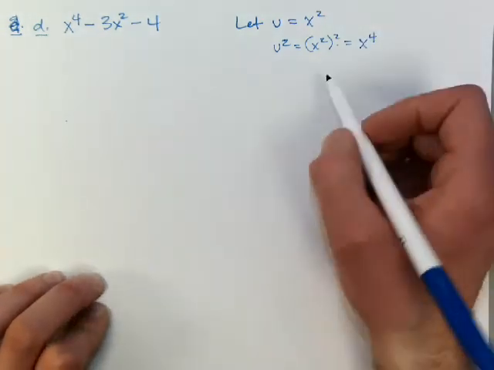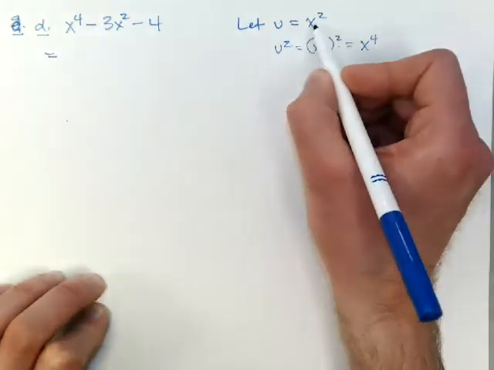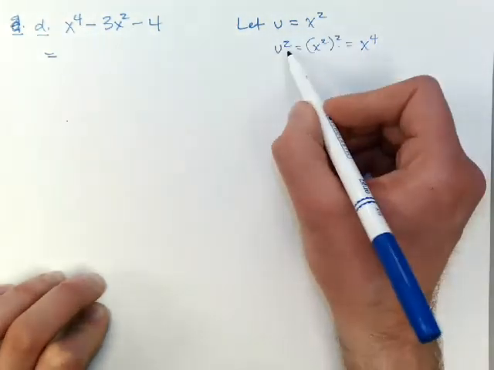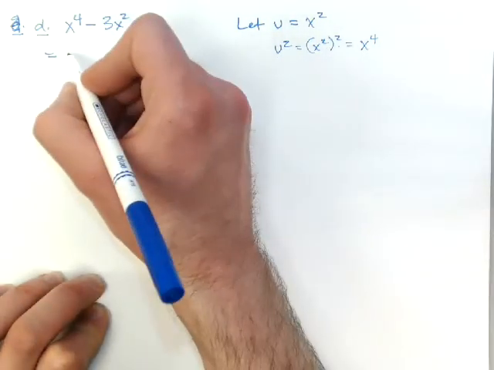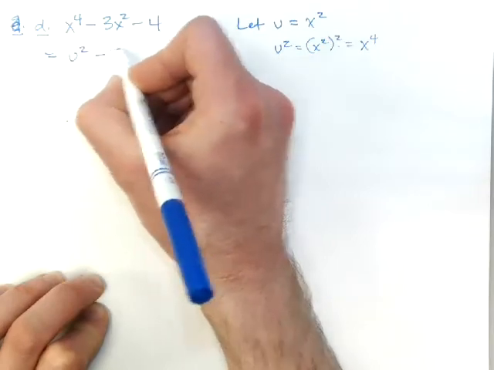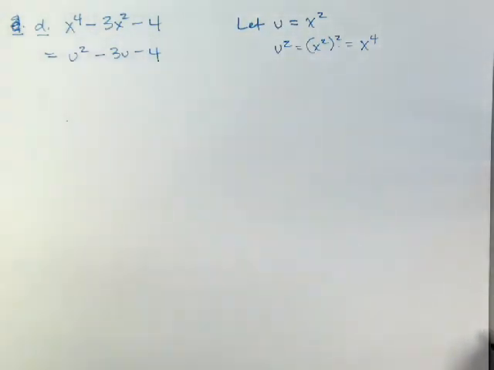Okay, so this is nice because now look, I can go back here, I can replace an x squared with a u and an x to the 4th with a u squared. This becomes u squared minus 3u minus 4. Now this looks like a trinomial like we've been working with.